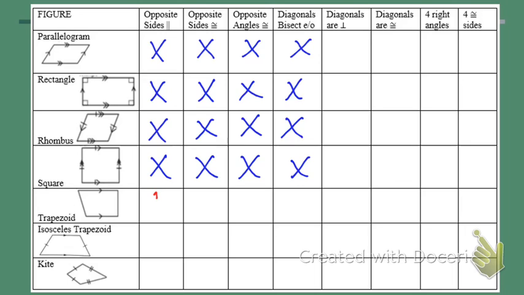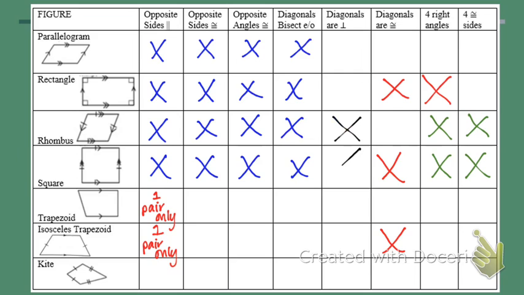That's true. Then you've got a trapezoid, only one pair. And then when you look over here, the diagonals are perpendicular. That one is only a rhombus, a square, and a kite. Then diagonals are congruent. That's only a rectangle, a square, and an isosceles trapezoid.